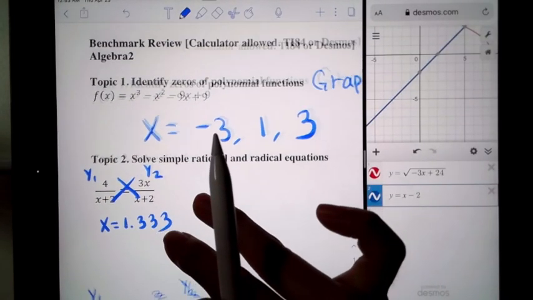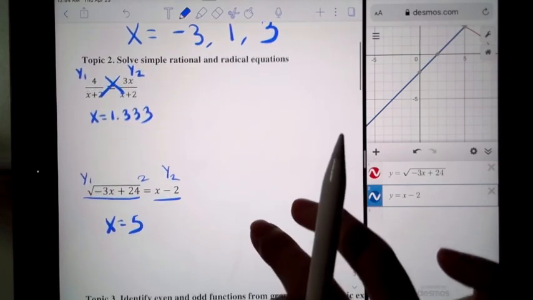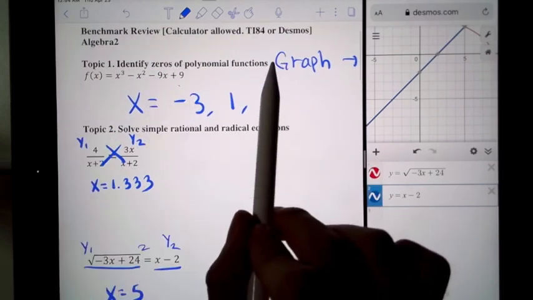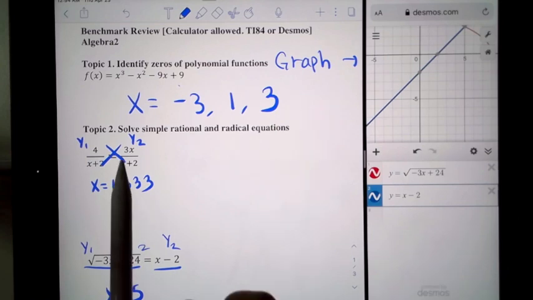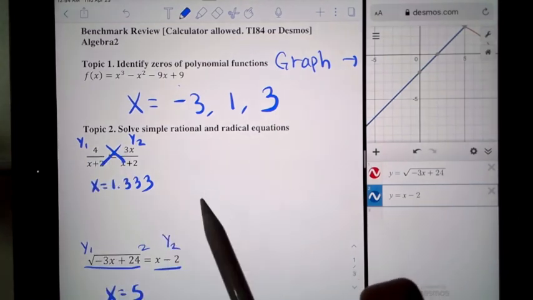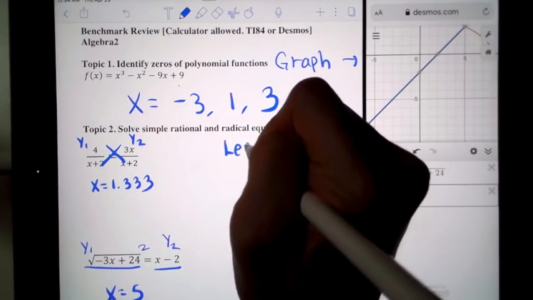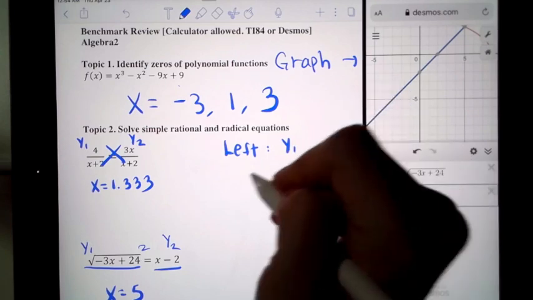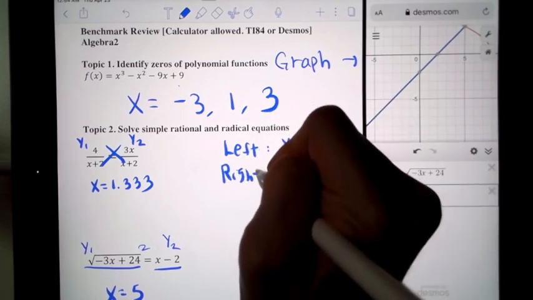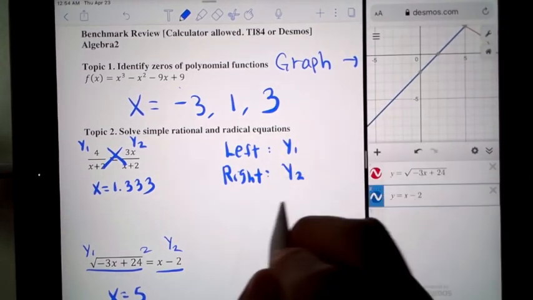And so that was topic 2. We did identify zeros using graphing calculator and solving rational and radical equations using graphing calculator. So how do we do it? Set left side y1, right side y2, and sketch.